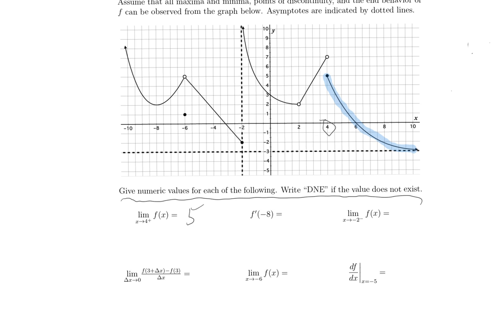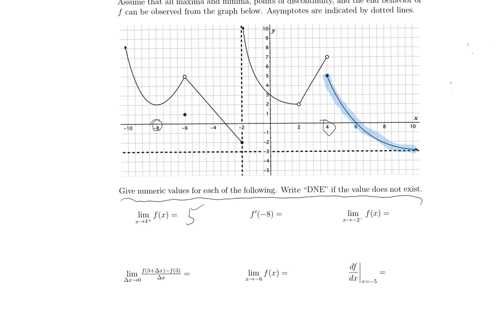Next, f prime of -8. When we're given a graphical problem, f prime really tells us to be observing the tangent line. So we're going to look at x equals -8, which is going to be right here, and we are going to observe its tangent line.